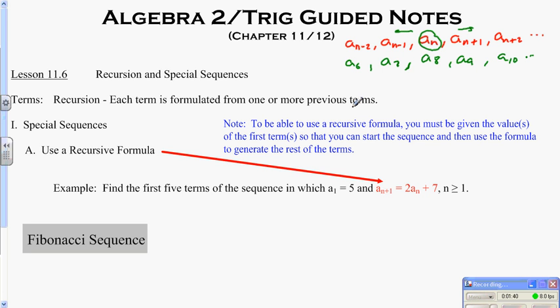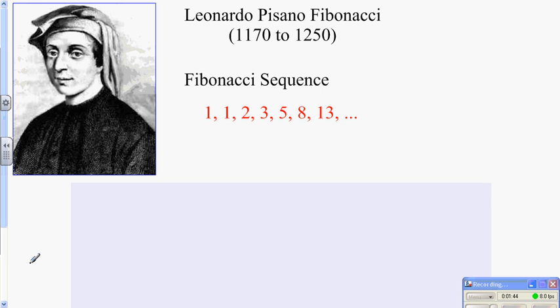So, to generate a list, let's talk about a famous one for a moment. Fibonacci has a list of numbers, and his algorithm for creating the next number in the list is to say, I'm going to start with this number, and add that number to the one before it.